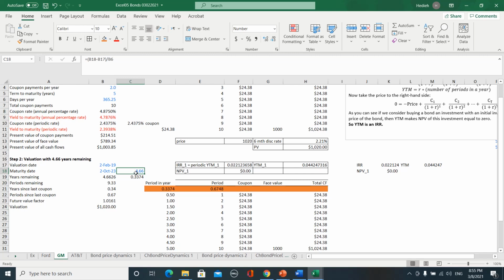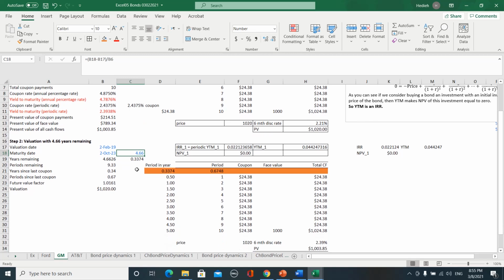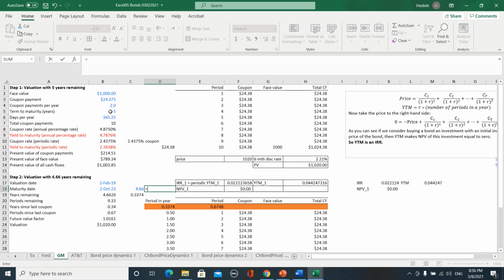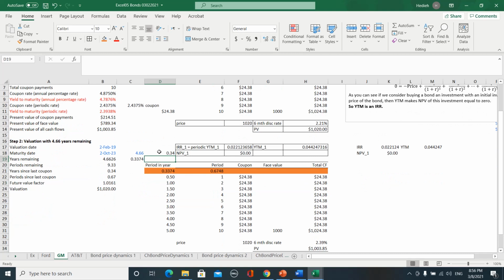So how much time has passed from the first day of issuance, from time 0? In order to find that, you know that the maturity of this bond is 5 years. So from that 5 years, subtract 4.66 years. It shows you that 0.337 years have passed from the date that the bond was issued.